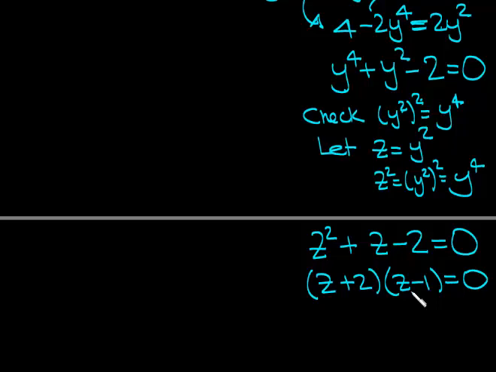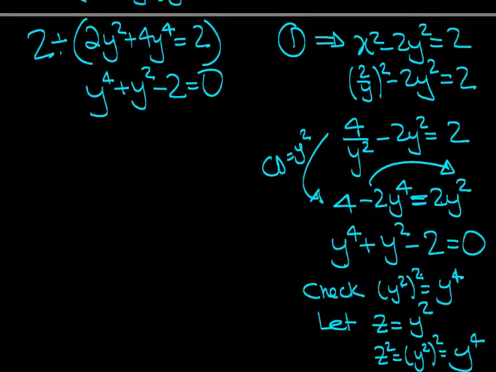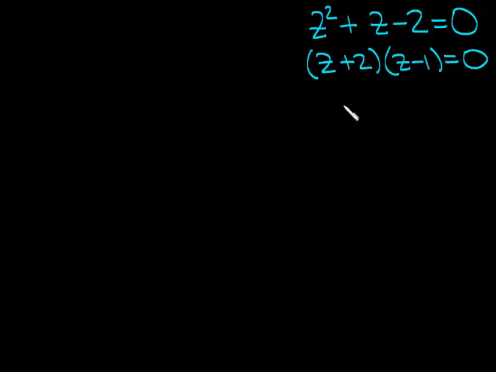So z plus 2 is 0, so z is equal to negative 2 and z is equal to 1. But what was z? Z was y squared.